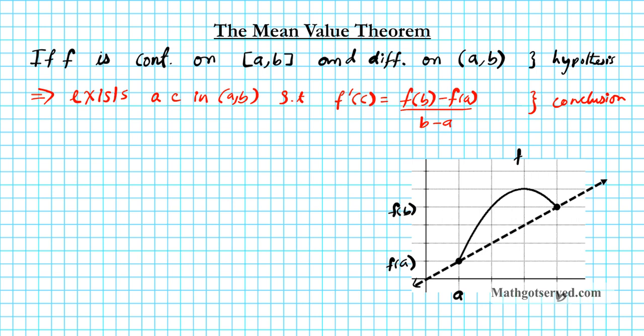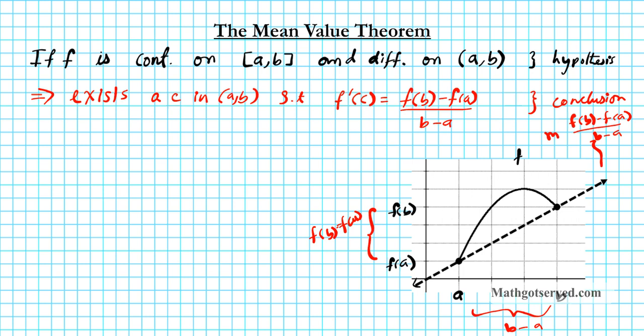This line I just drew has a slope. If you look at the rise over the run, the rise right here is f of b minus f of a, just like algebra 2, and this portion right here is b minus a. So the slope of this line is f of b minus f of a divided by b minus a.